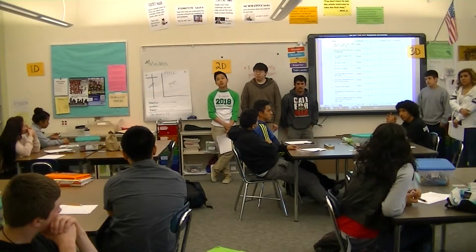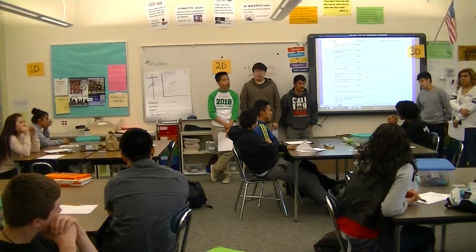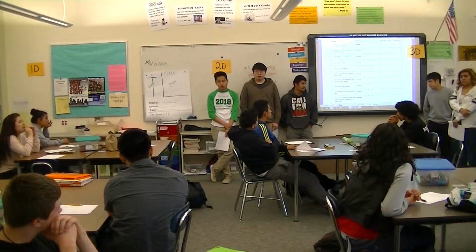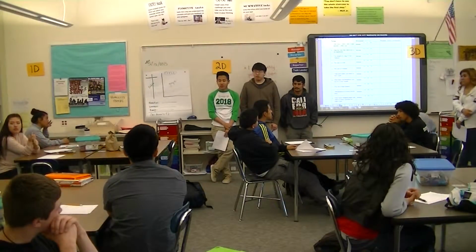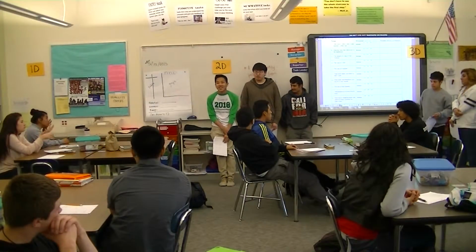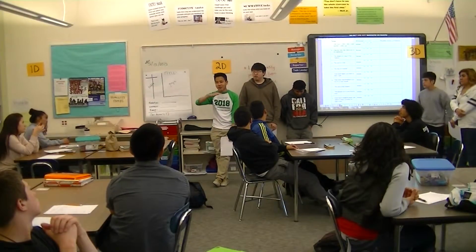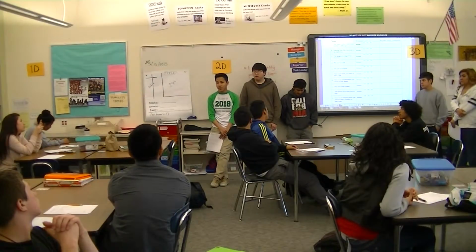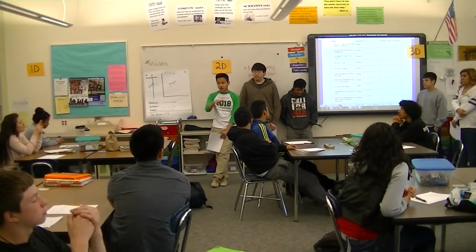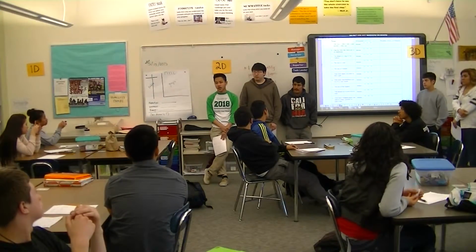Anyone want to challenge Hector's idea? Agree with it, disagree with it? Dennis, do you have anything to add? So if you look from the top perspective, it's just a circle, and that's a two-dimensional shape. If you're just looking at the circle, you can't really see how much coffee is left inside the coffee cup.